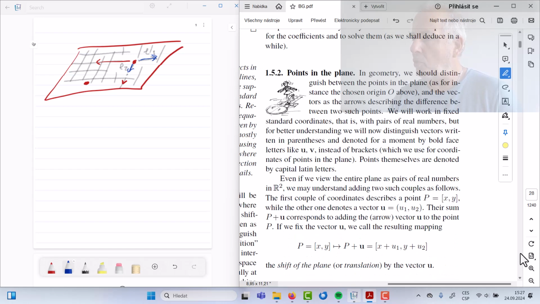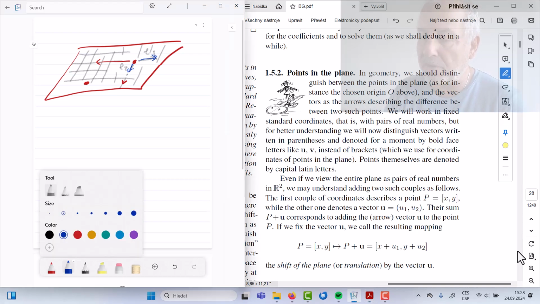And there is not much more, because then the points in the plane, as we see them here, they are nothing but couples of real numbers, right? If we take the real plane and then we fix the vectors E1 and E2, right?